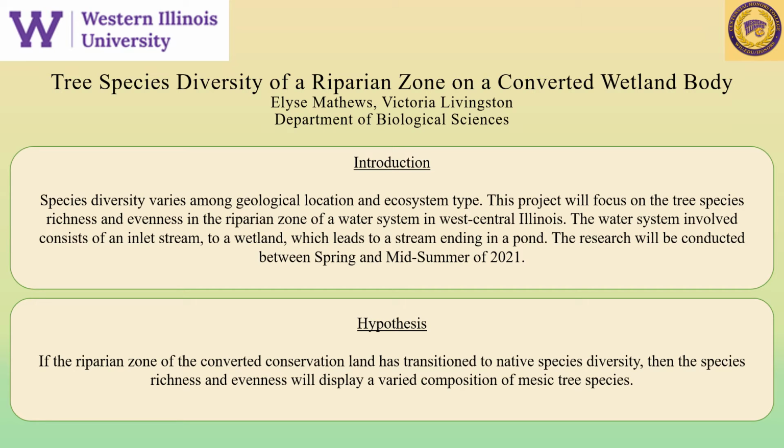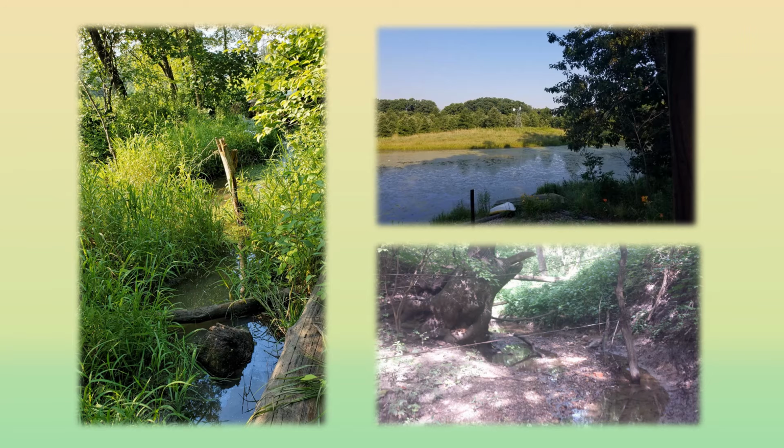For my hypothesis, I have stated that if the riparian zone of the converted conservation land has transitioned to native species diversity, then the species richness and evenness will display a varied composition of mesic tree species. On this slide, I just have 3 images of the riparian zone and the wetland body that I will be performing my research on.